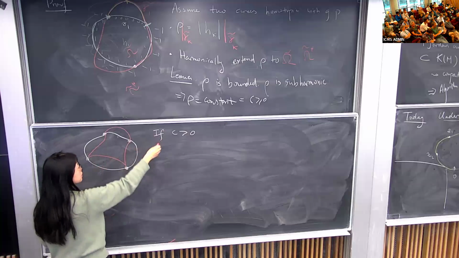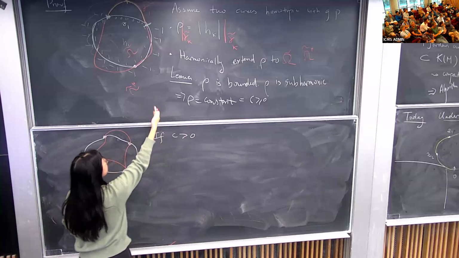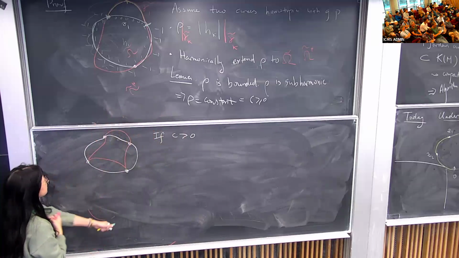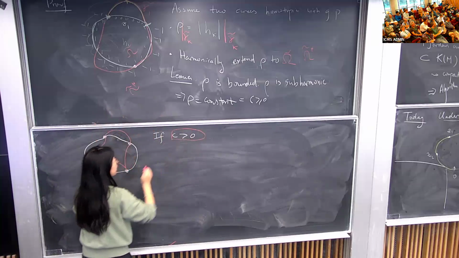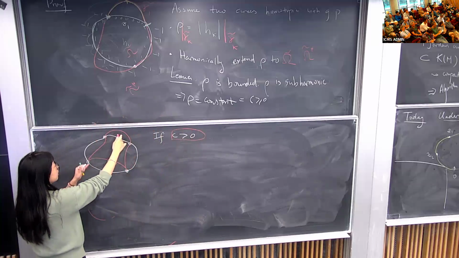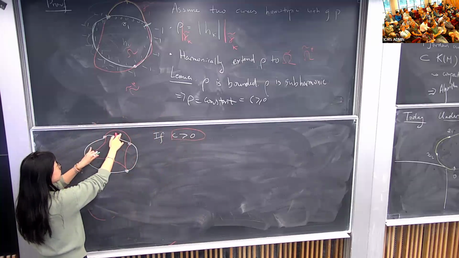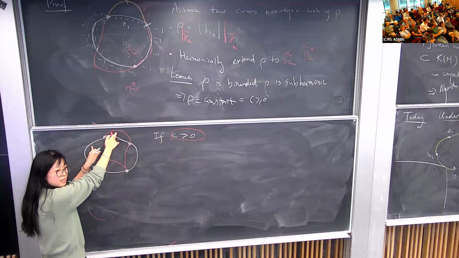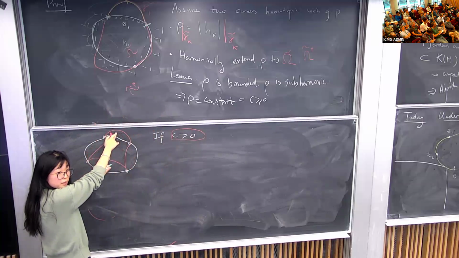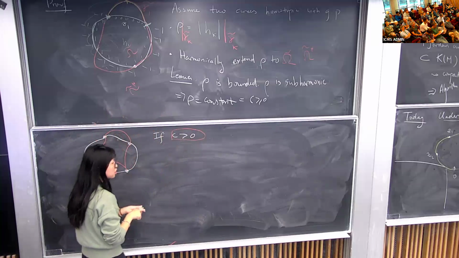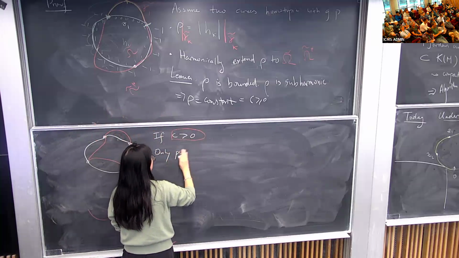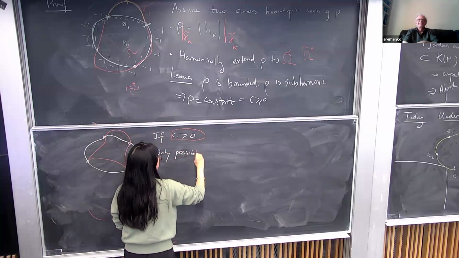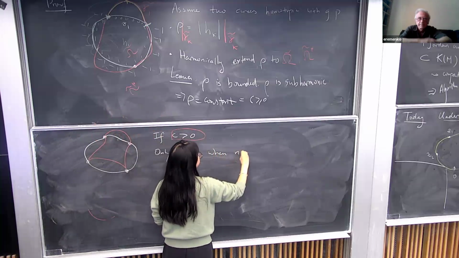This is not very transparent from here, but this is roughly what we're trying to do to show that if it's positive, then all curves have to be on different sides of each other. And this is only possible when n equals 2.